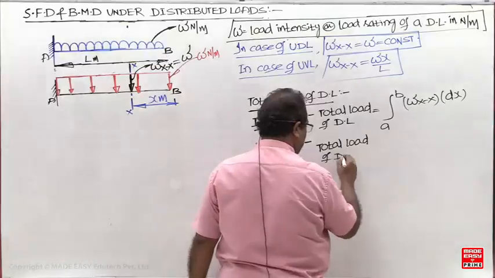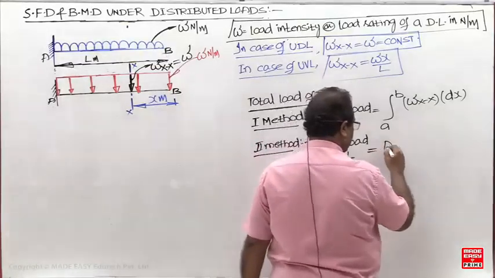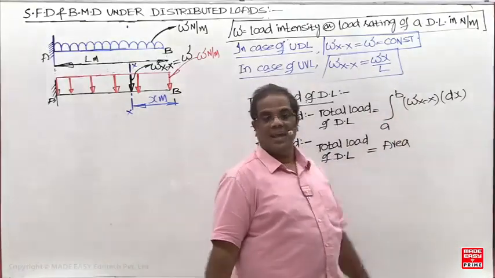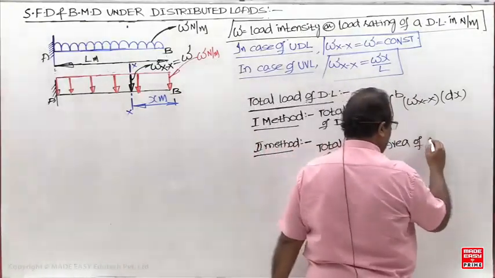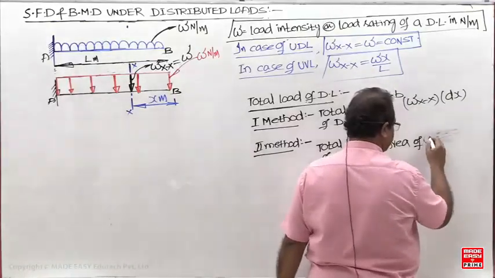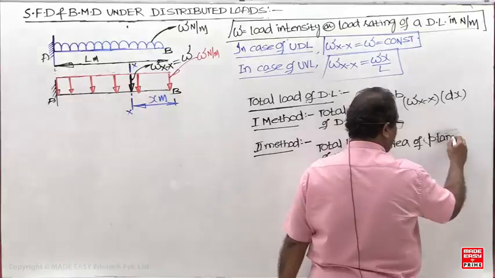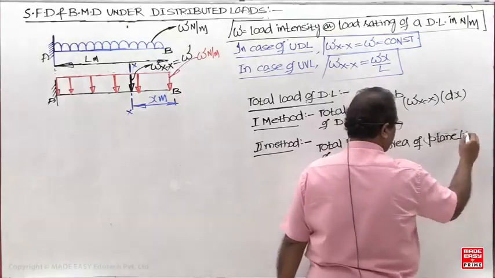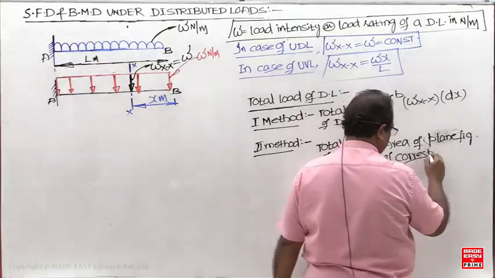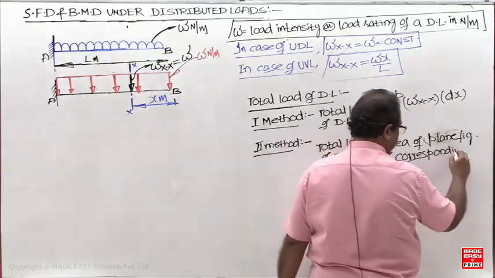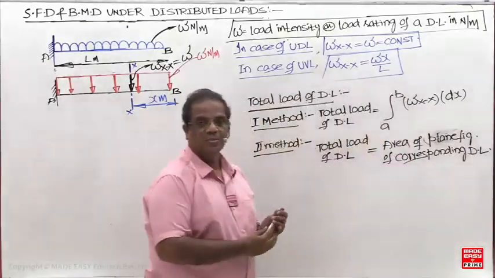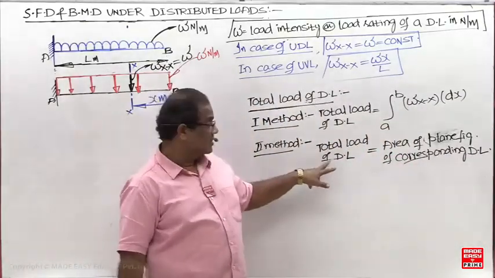Total load of the distributed load is given by the area of the plane figure of the corresponding distributed load. Always, integration will give the area.